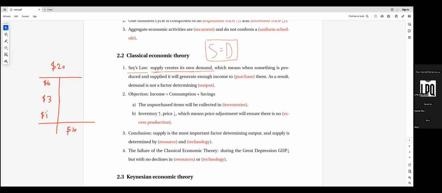The landlord can make $1. The people who supply the raw materials can make $3. The workers can make $6. You see, if we add up everybody's income together, it must equal the price. This is the first step: if production happens here, different people make money, and everybody's income added together is $20.